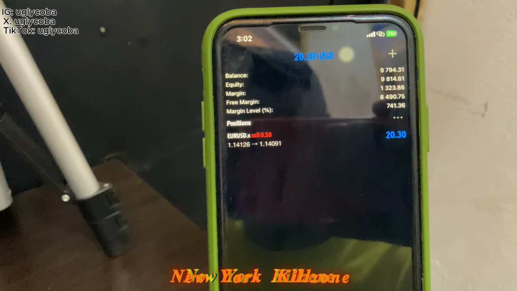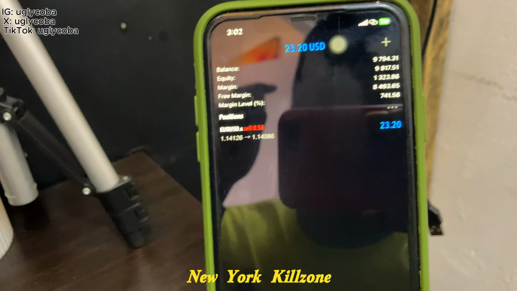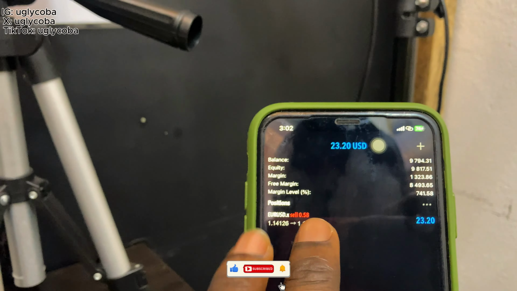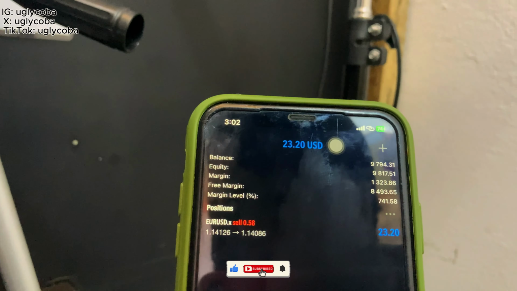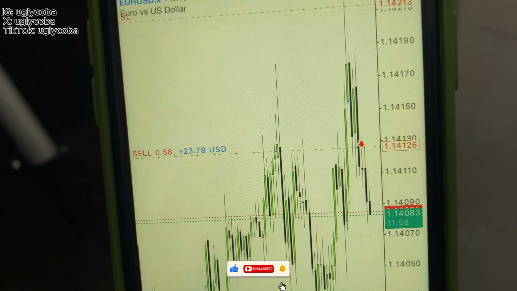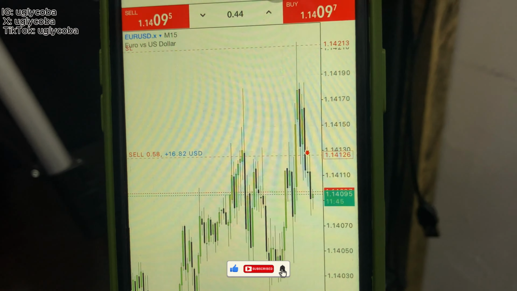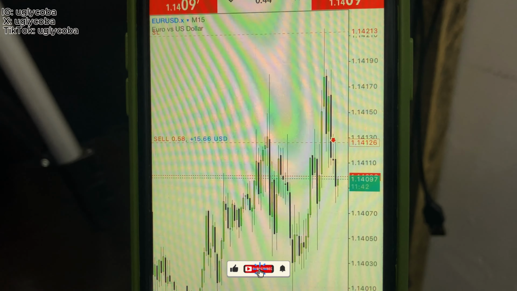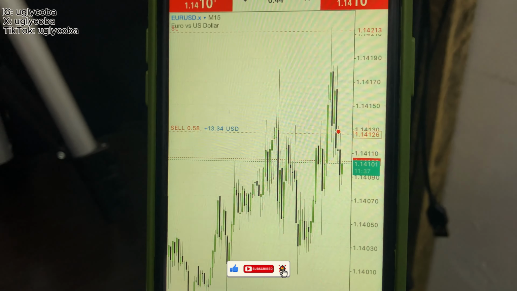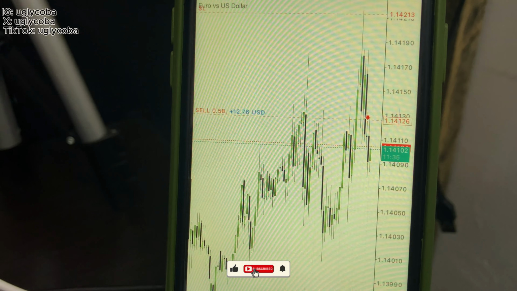Guys, today is Wednesday, and I've taken my second trade of the week on Euro USD. This is it, and we are currently running in profit. We disrespected the 15-minute bullish fair value gap after we took out a 4-hour swing high inside a 4-hour bearish fair value gap, and just when we disrespected it, I placed my sell limit, and we are currently in the trade.